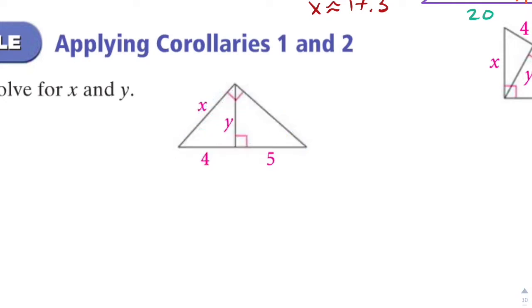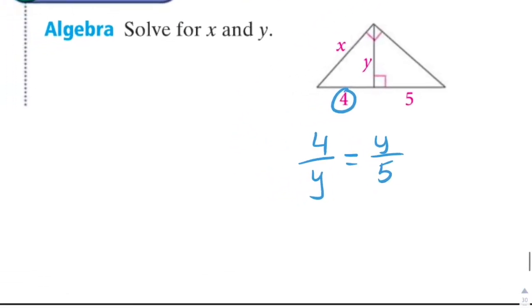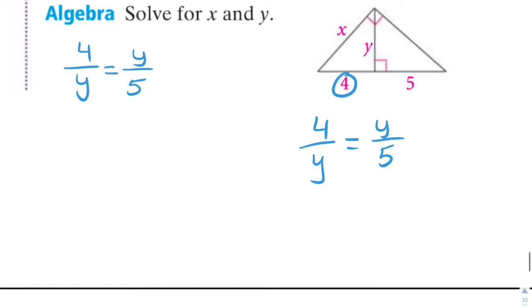So we're going to say 4 is to y as y is to 5. That's it. I'm going to rewrite it a little bit neater. 4 is to y as y is to 5. We're going to get y squared. y times y is y squared. y squared equals 20.